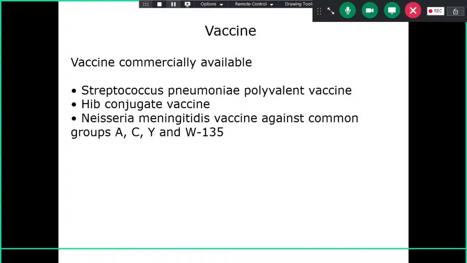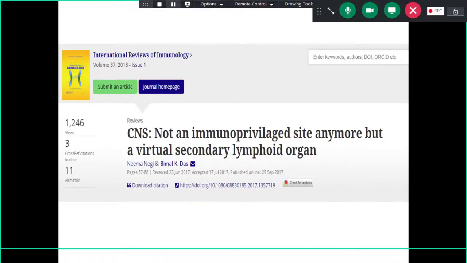Just for further reading, if anybody is interested, we have recently published several articles. One is on the CNS, not an immunoprivileged site anymore, but a virtual secondary lymphoid organ. This was published in the International Review of Immunology in 2018, from my lab, by Dr. Nimanegi and myself.